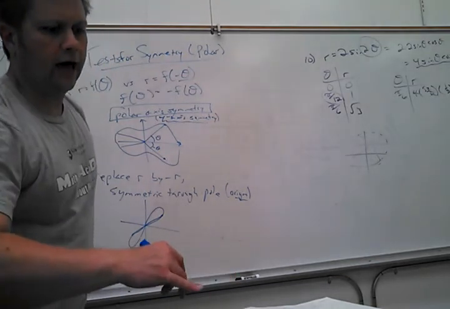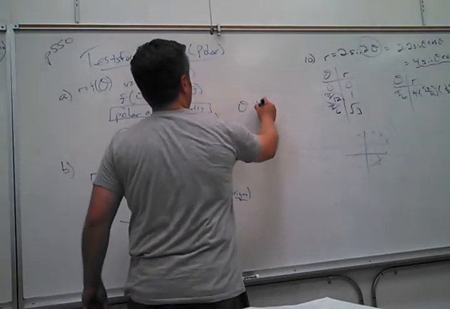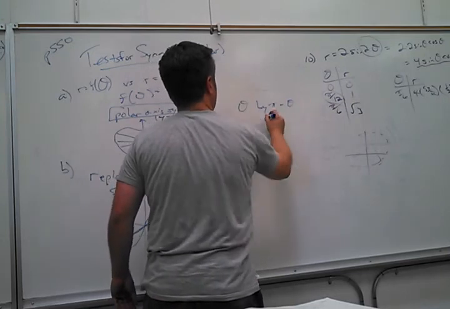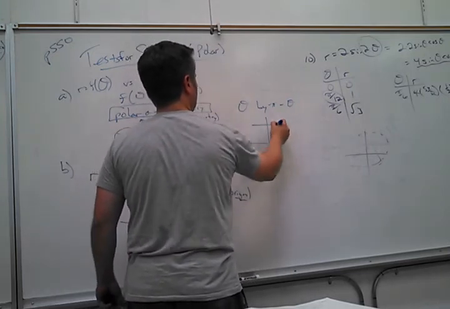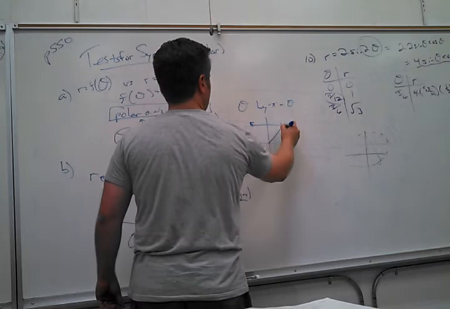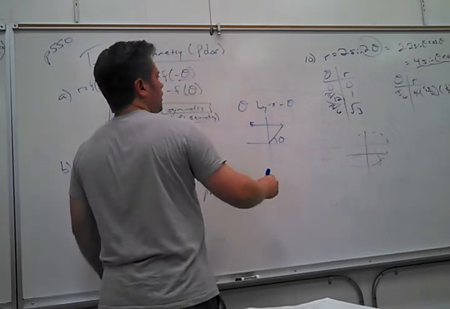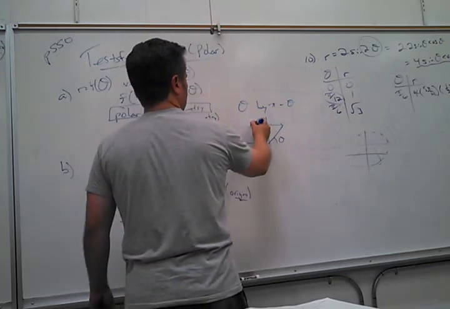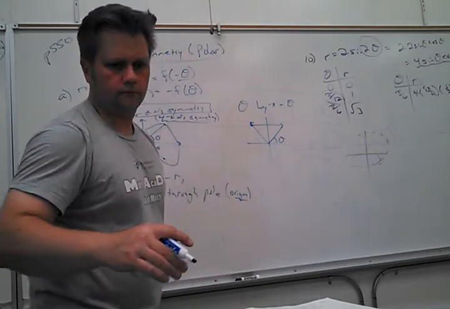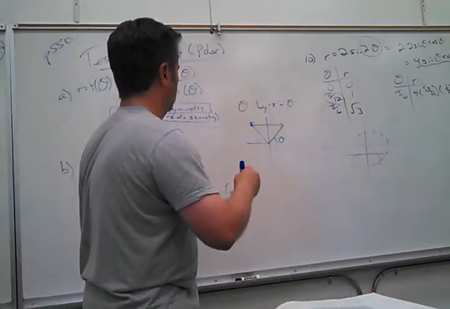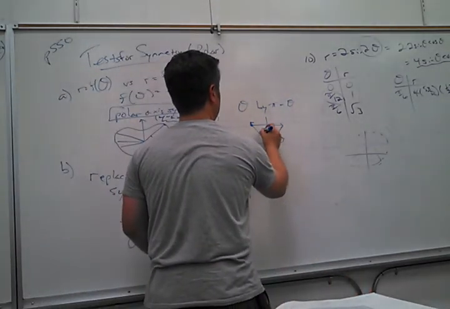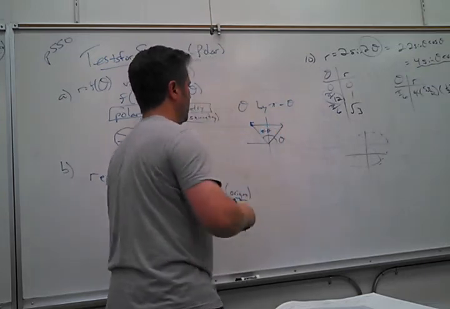And then finally they have, if you replace theta by pi minus theta, that's y-axis symmetry. Here's theta. And this one here is pi minus theta.